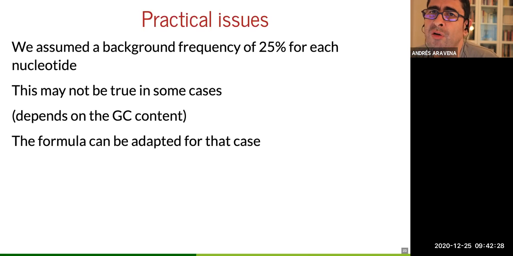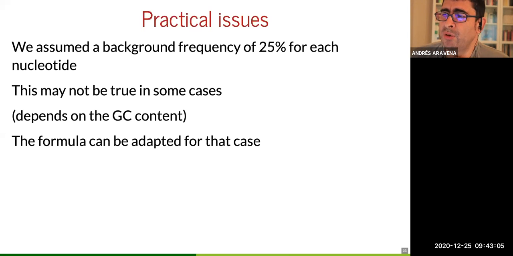If the GC content is 35%, then you will have G or C, let's say 17% of C, 17% of G, and 30% of A, 35% of T, something like that. So you may need to correct the formula, and the formula can be corrected. The program that uses this can make this correction. But for today, we are going to assume that we don't know the GC content, and therefore we are assuming that all the nucleotides have the same chance.